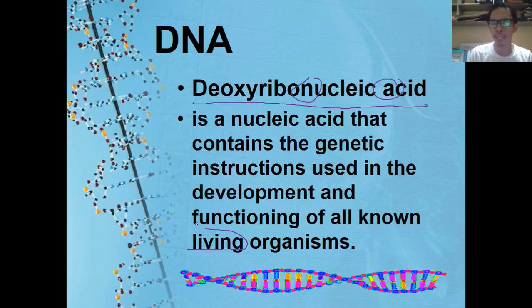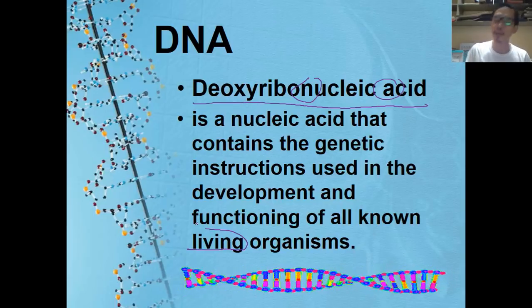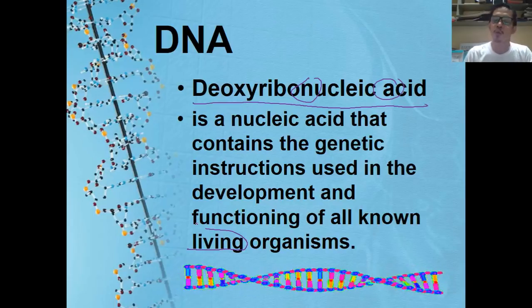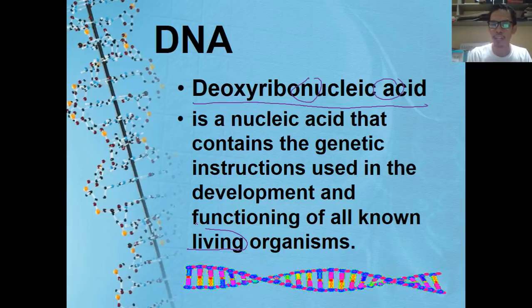So DNA is a biomolecule that contains a blueprint: the structure of an organism, the organs that it will develop, everything about that organism is contained in the nucleic acid called deoxyribonucleic acid.